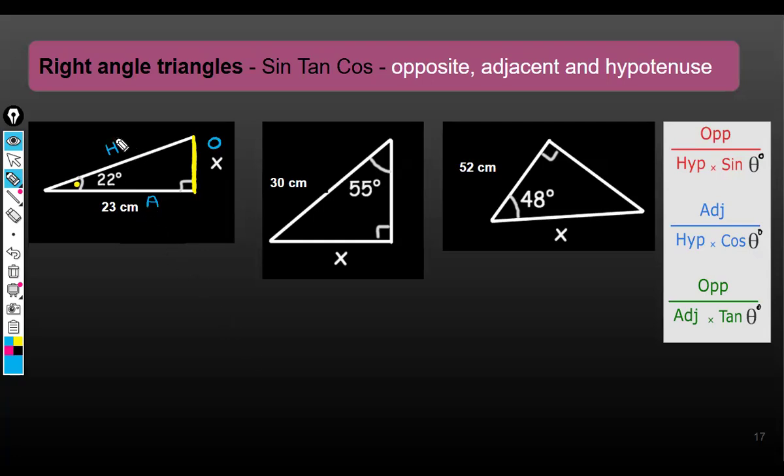Quick question. Did they give us any information on the hypotenuse? No. Do they want us to even find the hypotenuse? No. So if they don't want us to find the hypotenuse, and they give us no information on the hypotenuse, guess who is totally irrelevant and unimportant and we don't care about in this question?